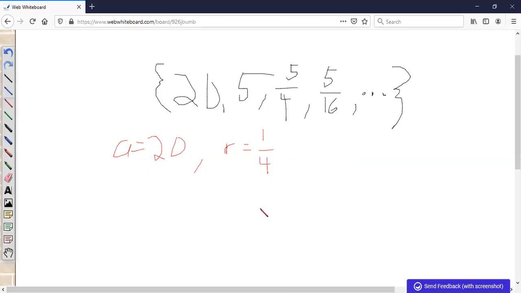So what we end up with is A equals 20, R equals 1/4. If I wanted something like, let's say, S sub 3, because I'm going to save myself some trouble this time, I could easily just go ahead and say, oh look, it's 105/4.